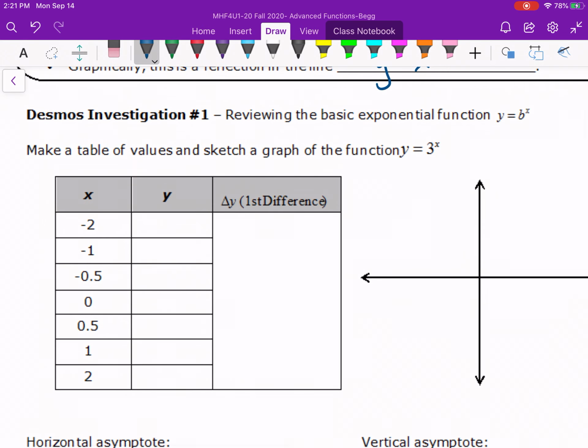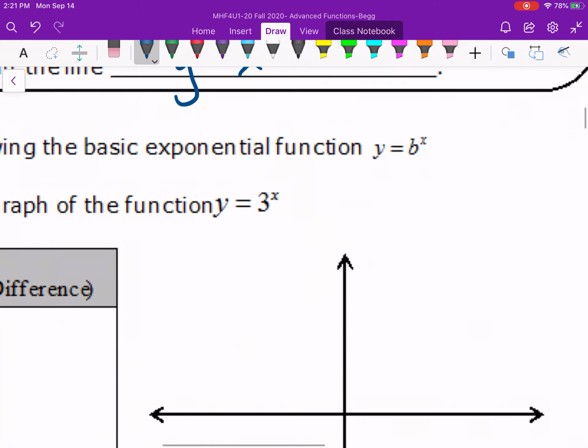Anyway, I'm back. Desmos investigation number 1, reviewing the basic function y equals b to the x. All right, well, so again, we know x and y are just variables, and y is our output, and x is our input, and b is just the base.